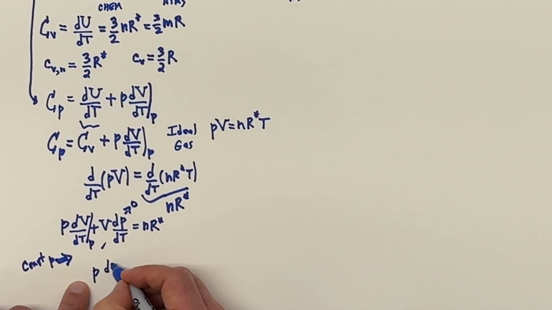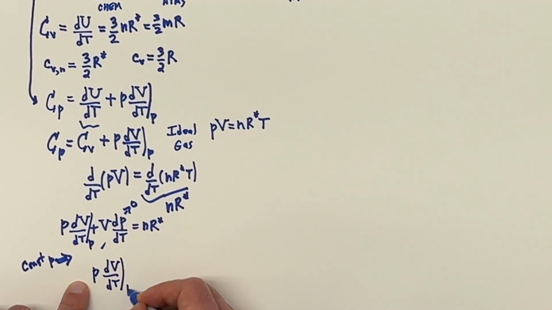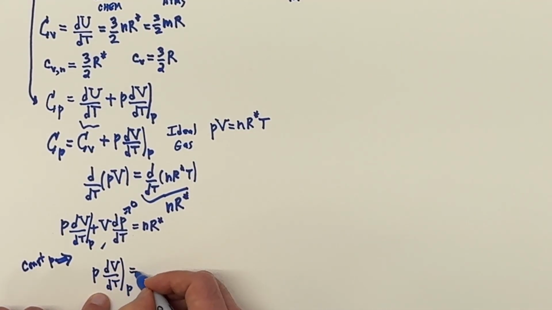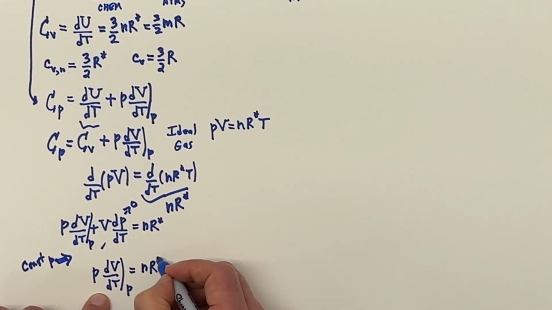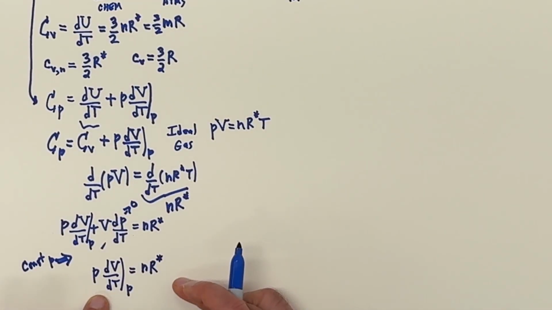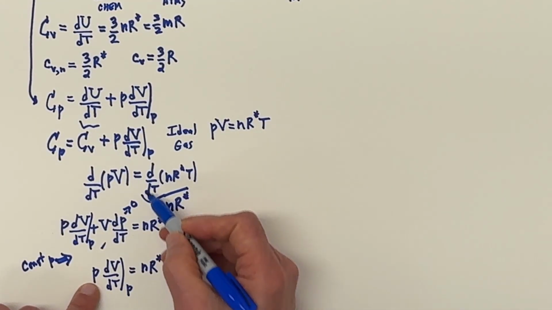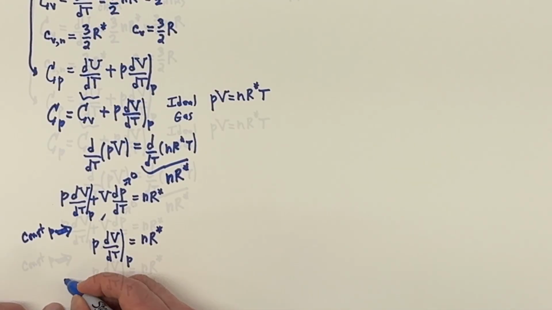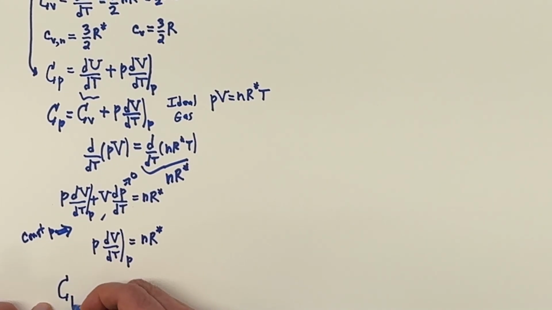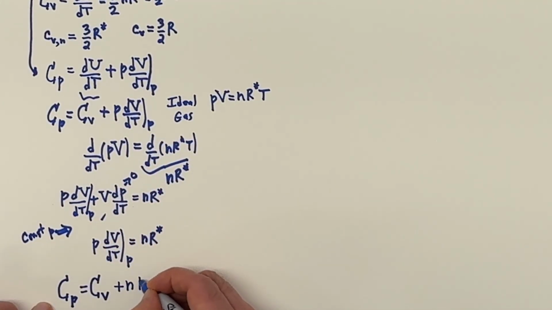So dV dt at constant pressure, just to remind us, that's equal to N R star. Okay, then we could put that in up here, and we get a very, very beautiful result that this heat capacity at constant pressure is the heat capacity at constant volume plus N R star.